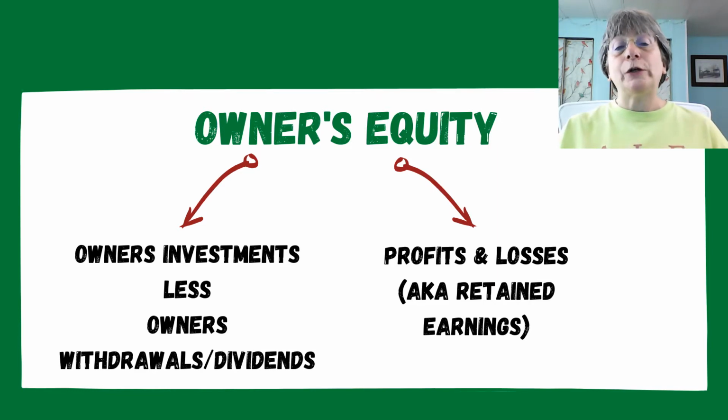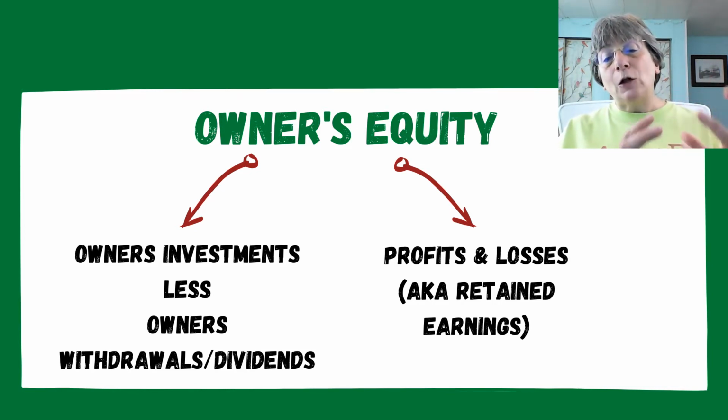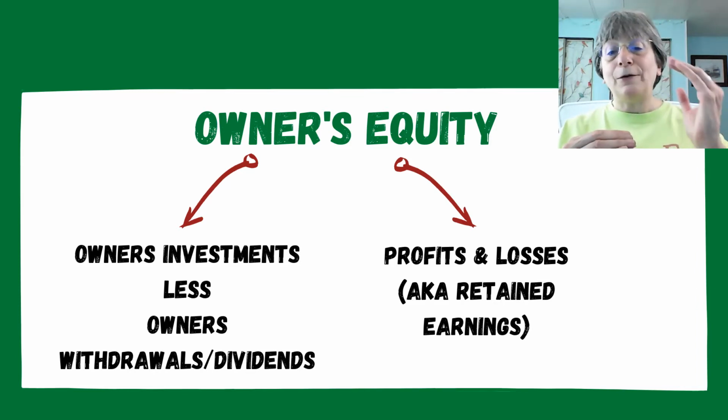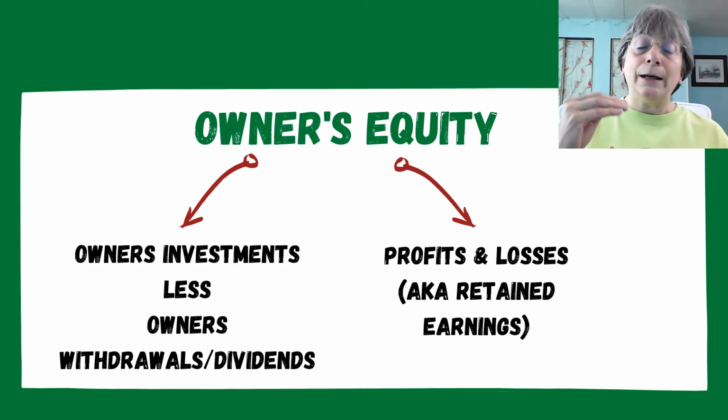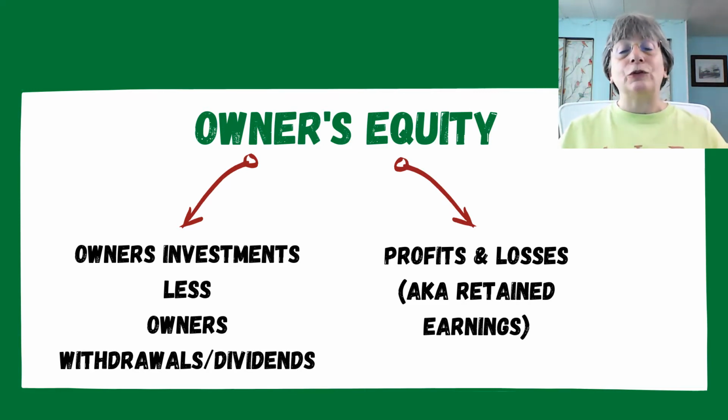We want to actually make profits in this business. And when we have a profit in a business, it increases the owner's equity, right? Part of that money belongs to the owner. So those profits and losses are going to increase or decrease owner's equity. So profits increase owner's equity and losses decrease owner's equity.